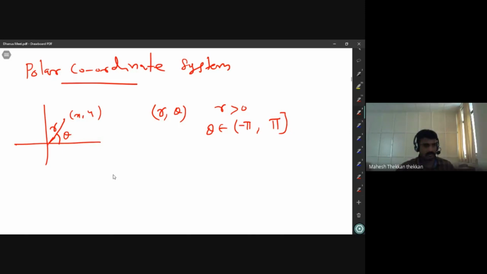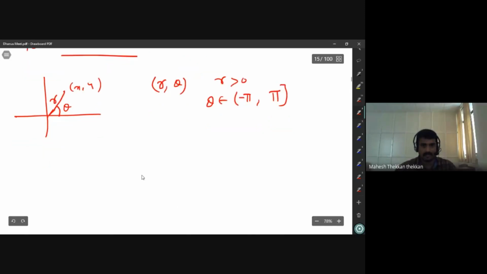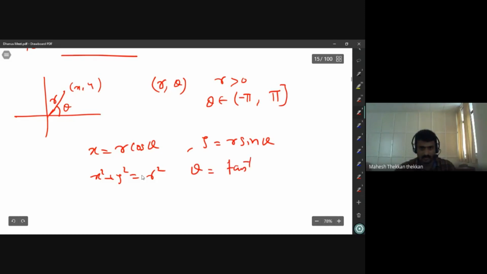So here x you can represent by x is equal to r cos theta, and y is equal to r sin theta, and then x square plus y square is r square, and theta you can take as tan inverse y by x.